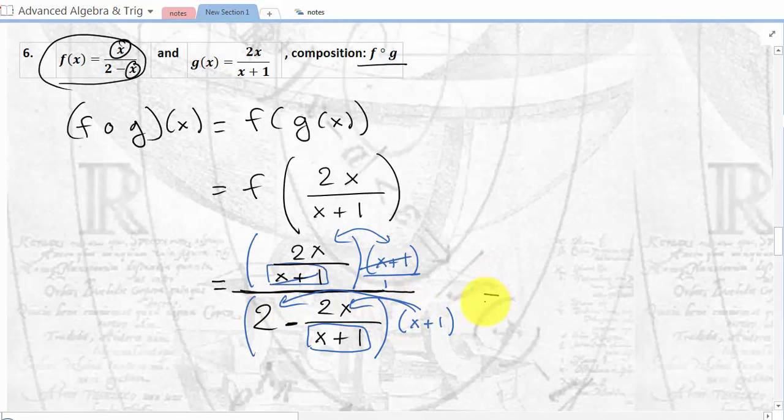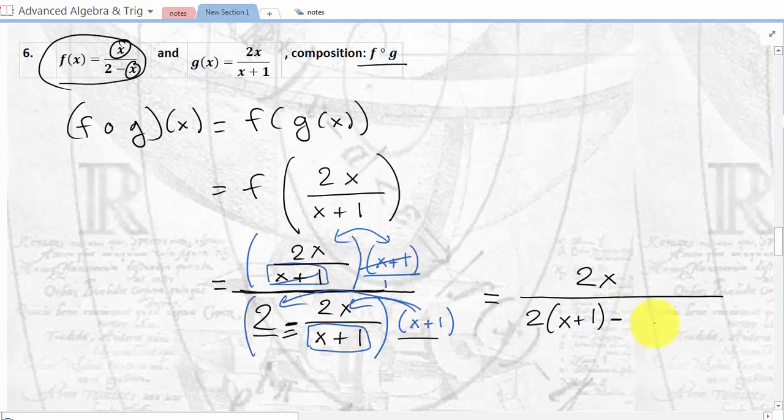Okay, so at the top, what do you have? 2x, because the denominator here will cancel with x plus 1 right there. At the denominator, what do you have? 2 times x plus 1 right here, and then minus, right?